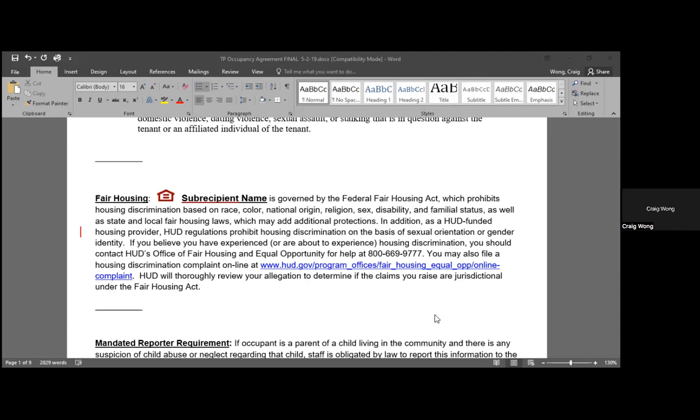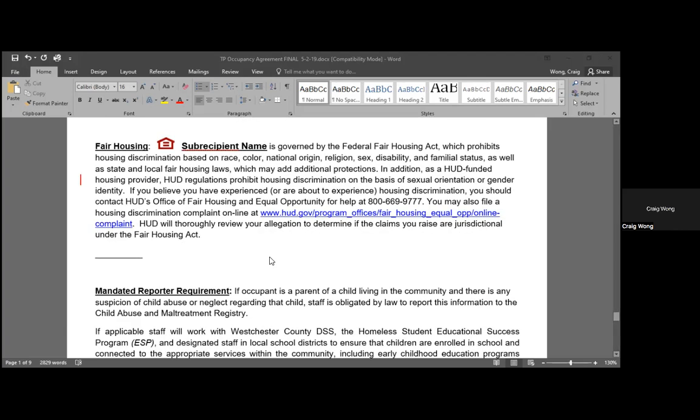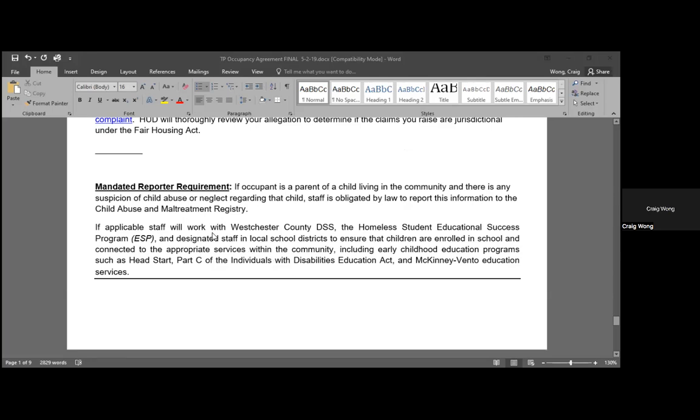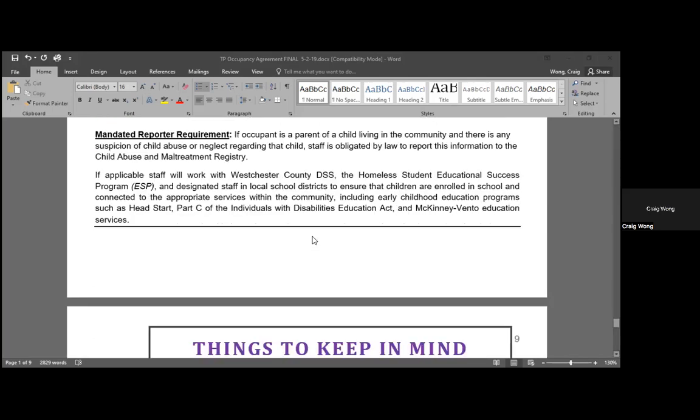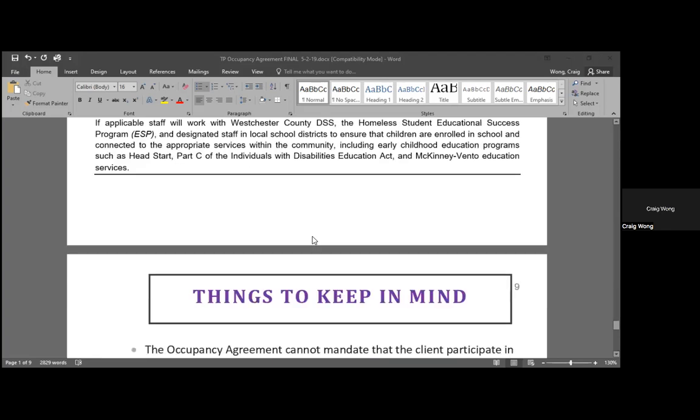So this portion is required by HUD for us to have that discussion with the clients. And so we'll have that discussion and have them initial below. Mandated reporter requirements. Some of us serve families, and there are guidelines that we have to follow if we suspect concerns regarding abuse or neglected children. We are mandated reporters, and clients need to be made aware of that.